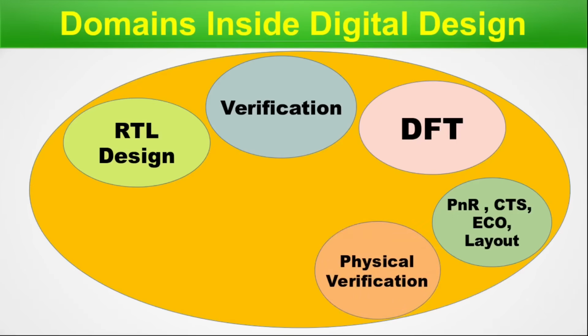Next domain is physical verification. This includes physical layout verification using methods such as design rule check, layout versus schematic, that is LVS, electrical rule check, that is ERC. You need to learn and gain expertise in tools like IC Validator, ICV, ARC, that is PERC, IVPS, etc. Once all the verifications are okay, that is, no error is found, you can extract the parasitics as PEX or SBPF with the help of an extraction engine such as StarRC.